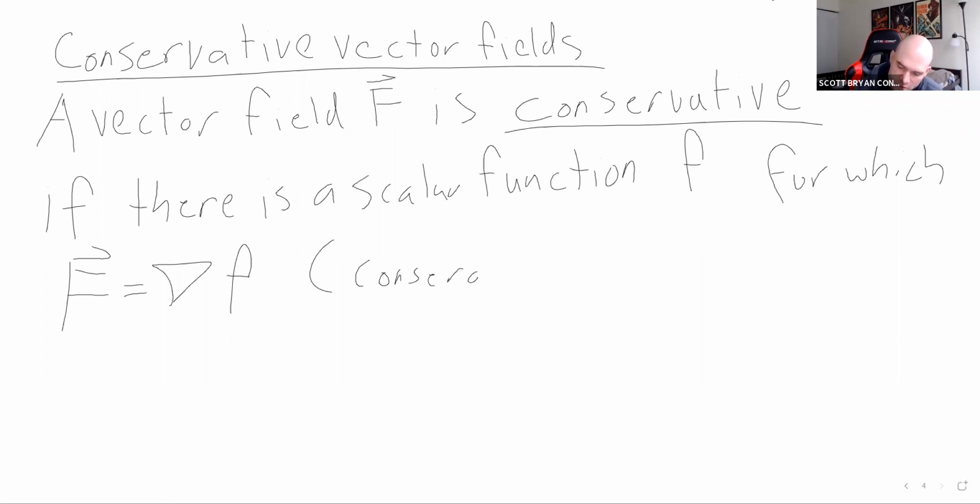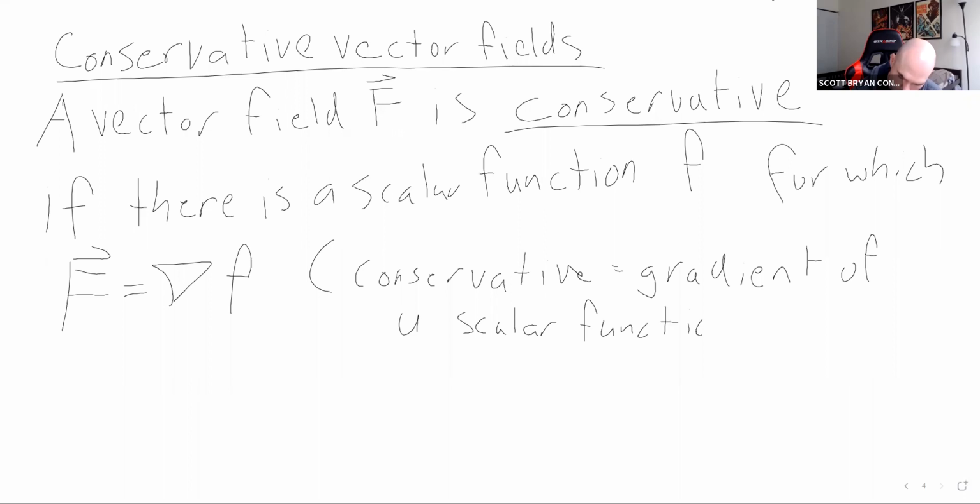So in other words, conservative means you're the gradient of some scalar function. Remember we said the gradient of a function is a vector field. You get a vector, each of whose components are the partial derivatives, so each component is a function. They're very important vector fields.